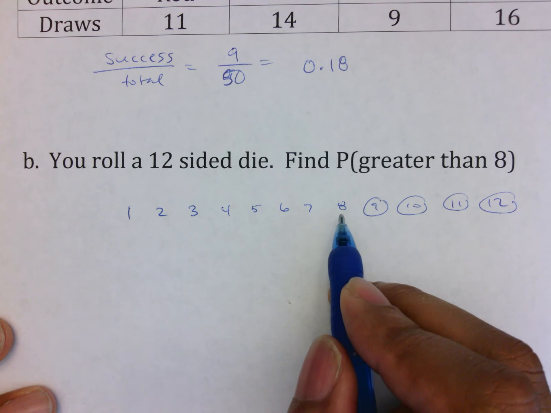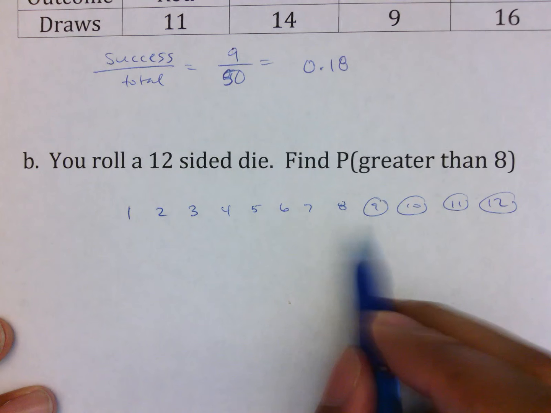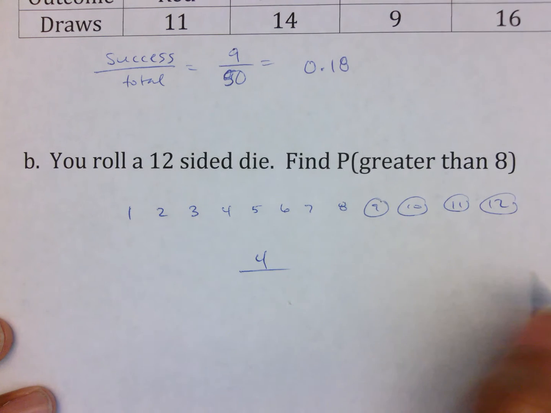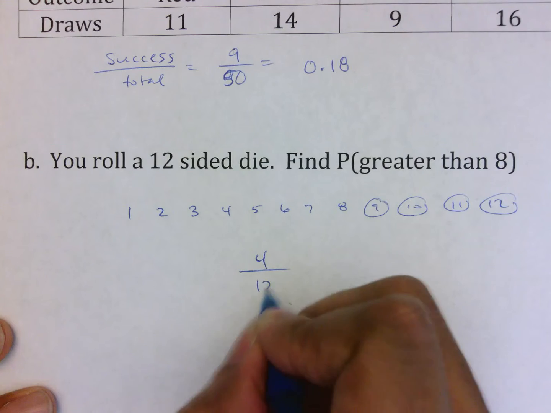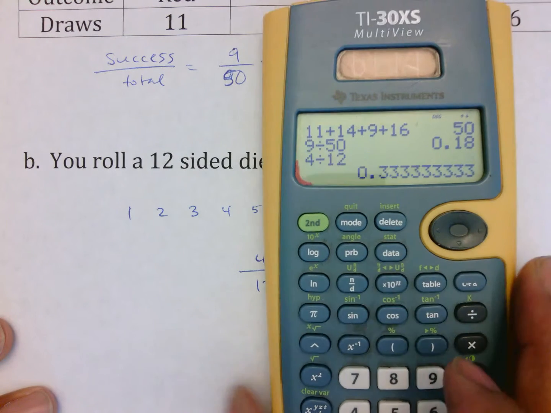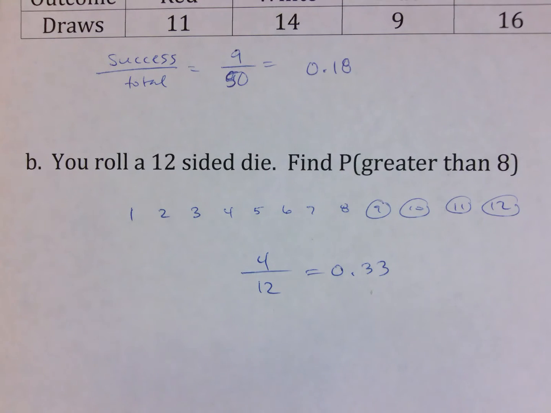So you don't include the 8, and again, that's why it helps to write it out. Otherwise, you go 8, 9, 10, 11, 12, but write them out and you know that this doesn't belong. That means that there are 4 good numbers out of 12. And again, what you do there is 4 divided by 12, which is 0.33 as your probability of getting a number greater than 8.